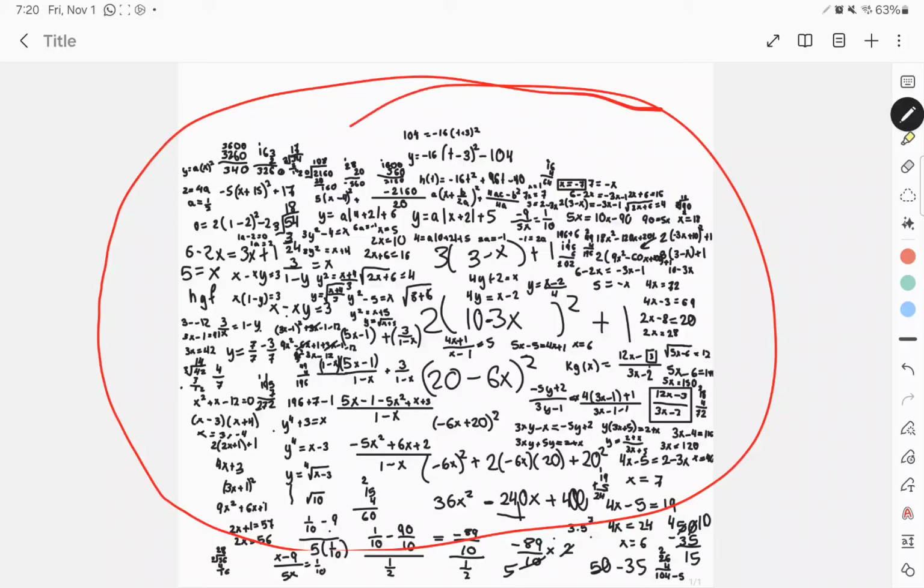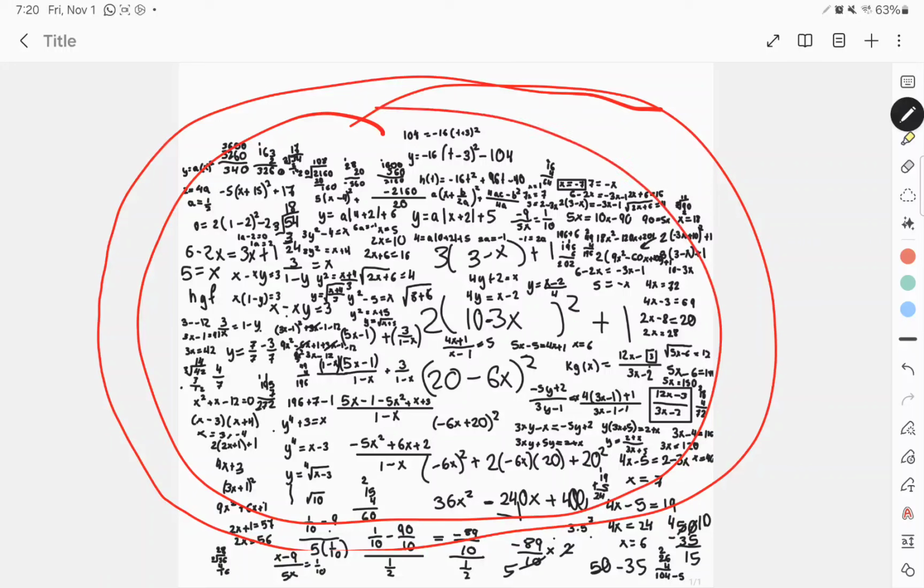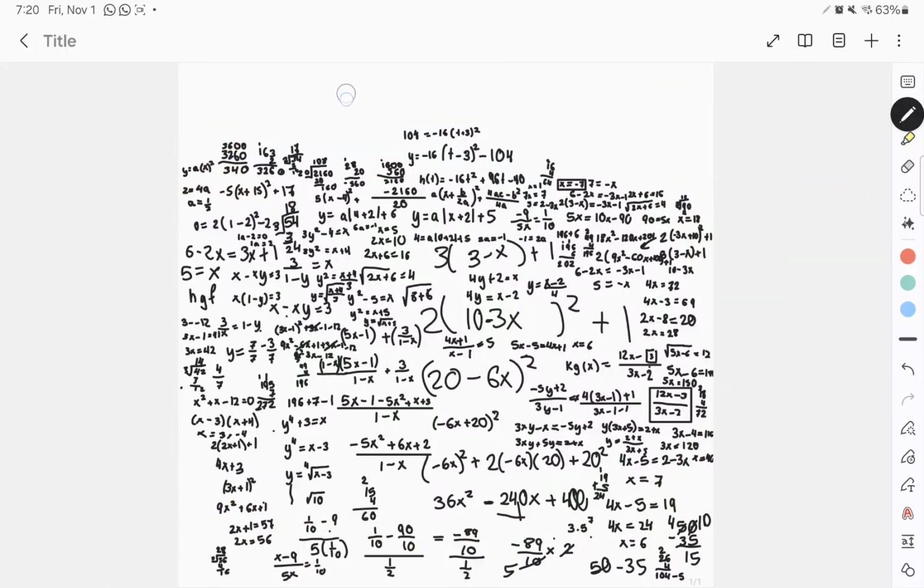So don't really worry about the fact that no calculators are allowed, because they won't give us something requiring this many calculations. It's impossible, because this is how much you'd have to solve without a calculator. They're gonna give us easy numbers, I hope.